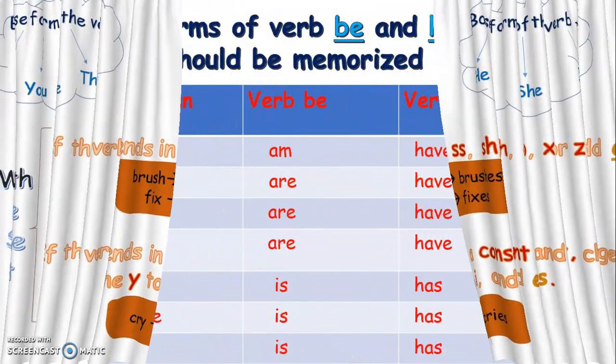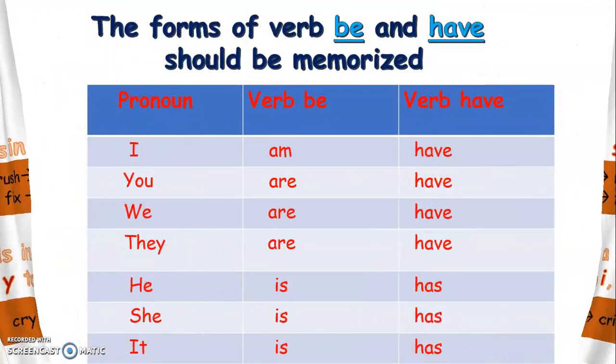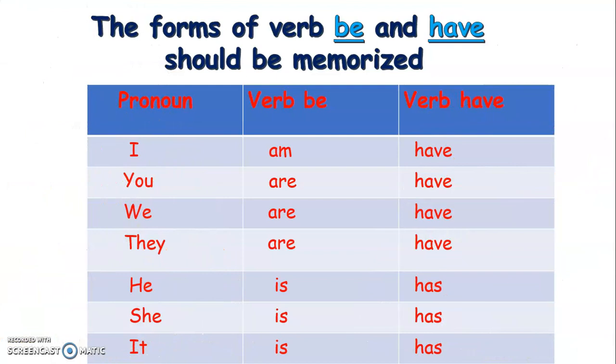One more thing you have to know are the forms of the verb be and have in the simple present tense. These you should memorize. How to conjugate the verb be and the verb have with the pronouns in the simple present tense. I've made a chart for you here. We have the pronoun, the verb be, and then the verb have.